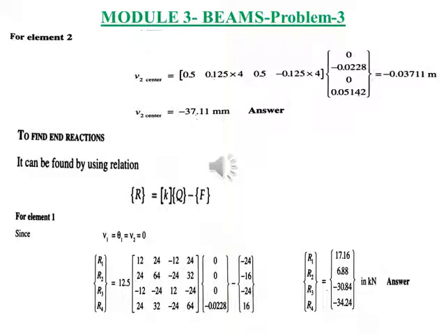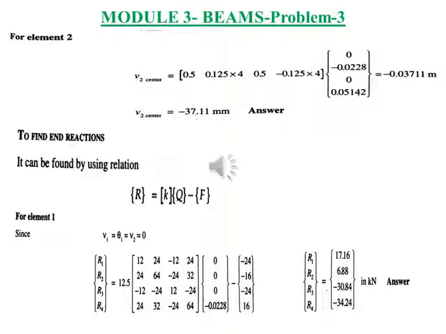So the next step is to calculate the reactions. The reactions at any given point are given by the formula K into Q minus F. The stiffness matrix is known, Q is known, and the load acting F is also known. So for element 1 we will be substituting into the formula for the reactions.